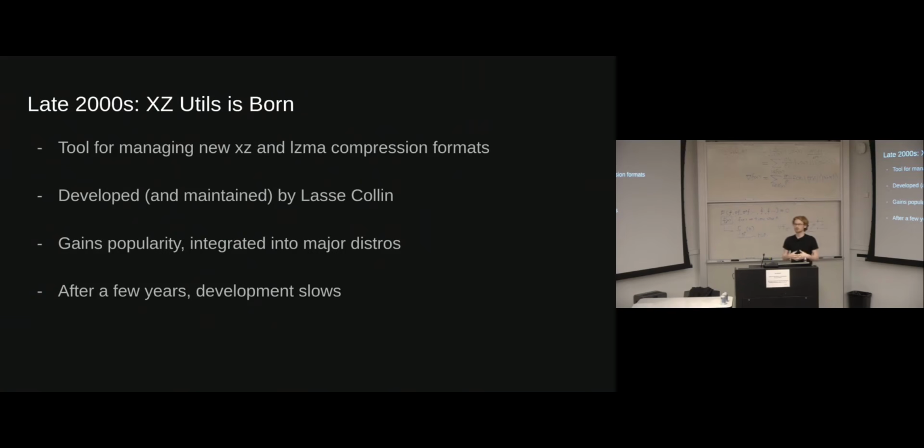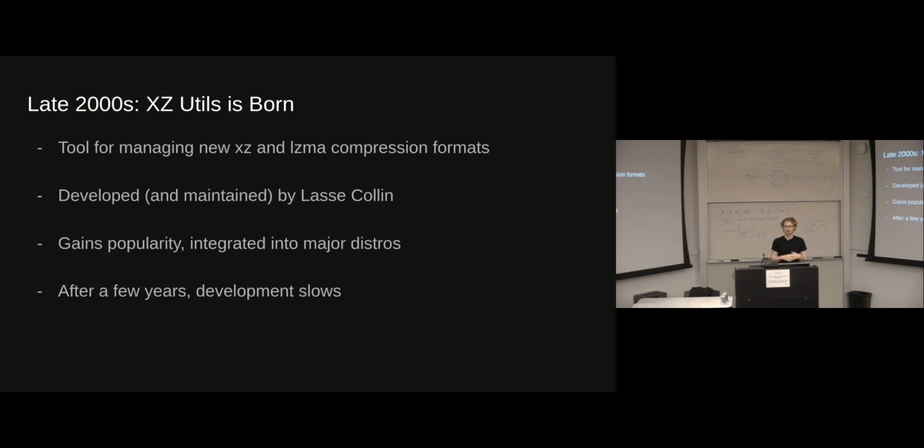These new compression formats were developed, and alongside them, people developed tools to actually compress and decompress these formats. And this guy, Lasse Collin, one of the people who developed these file formats, made some tools and decided to maintain them specifically for Linux. So he made Linux packages that do compression and decompression, distributed as shared objects, inside a package that allows you to call a C function that will compress or decompress into this format.